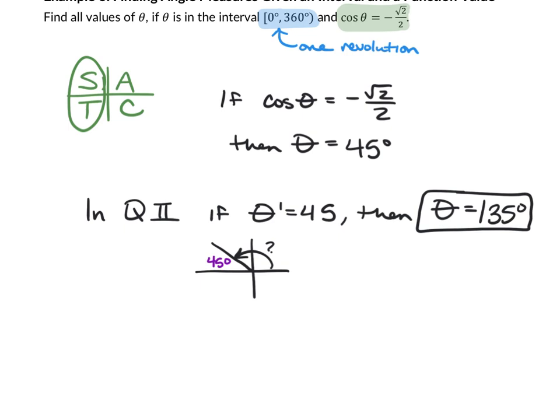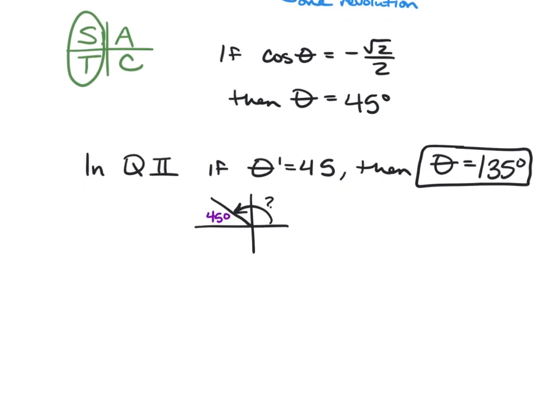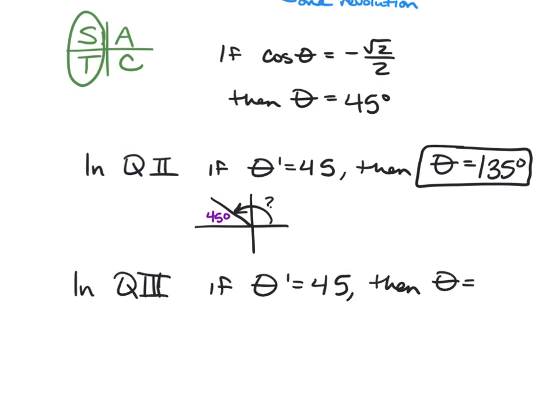Let's do the same thing for quadrant 3, the other possible quadrant. So in quadrant 3, if my reference angle is 45, then what is my possible angle? 225.